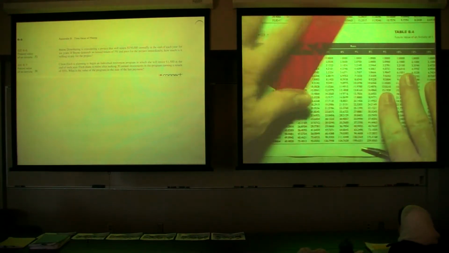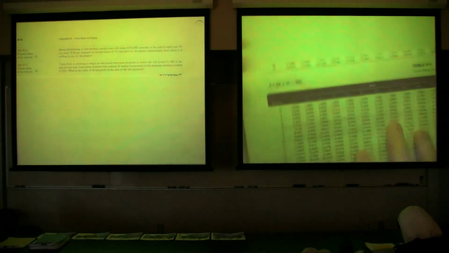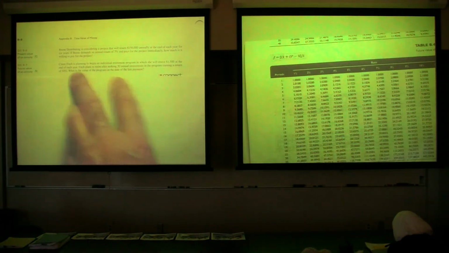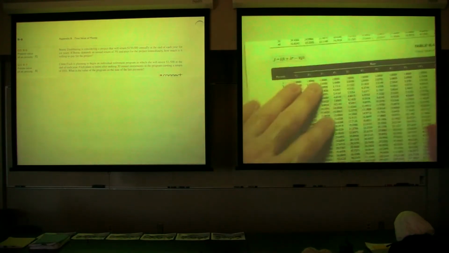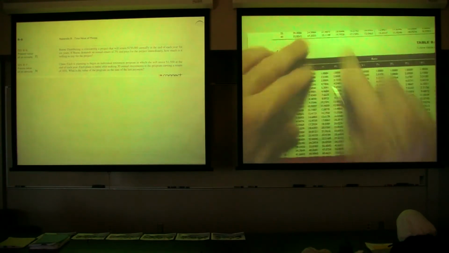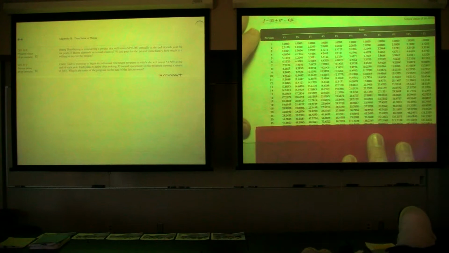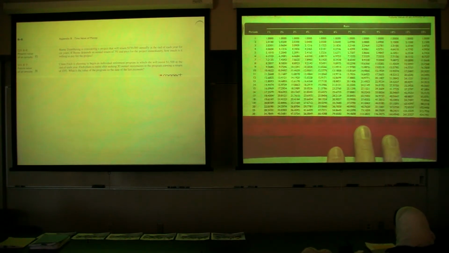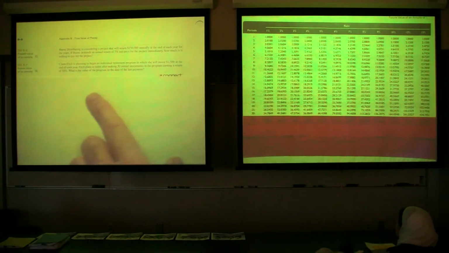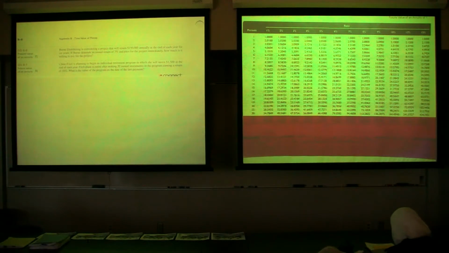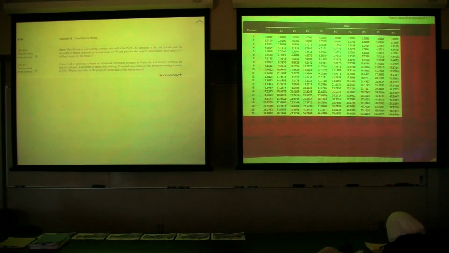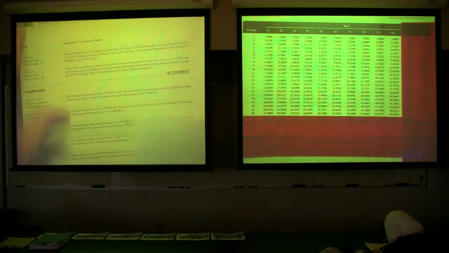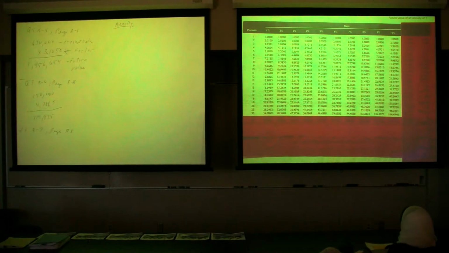So here's table 4. Okay, let me fold that in half so it lays a little better. In this case, it's 30 years, so it'll be pretty close to the bottom here. Okay, so here's 30 years, and it will be a 10% return, so it'll be in this column. So the factor will be 164.4940. So here's what that looks like.